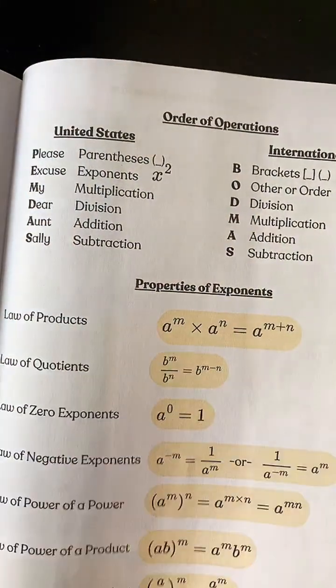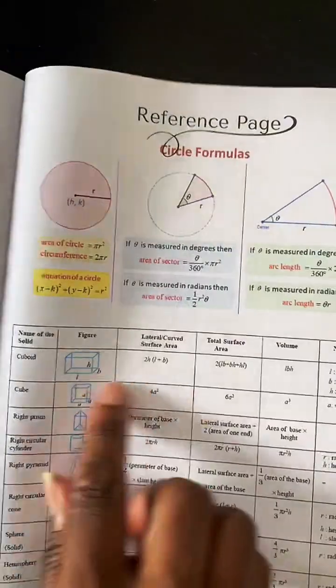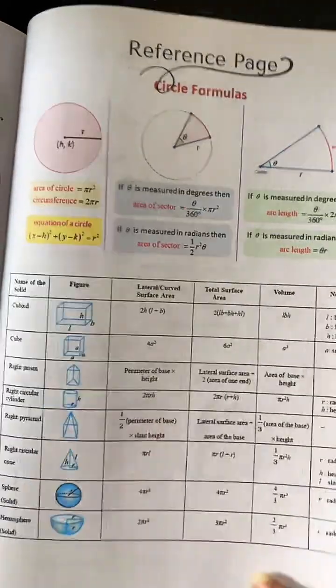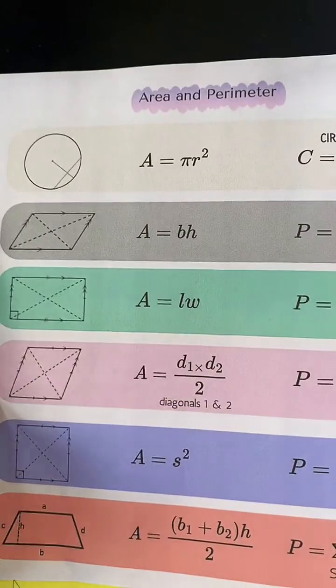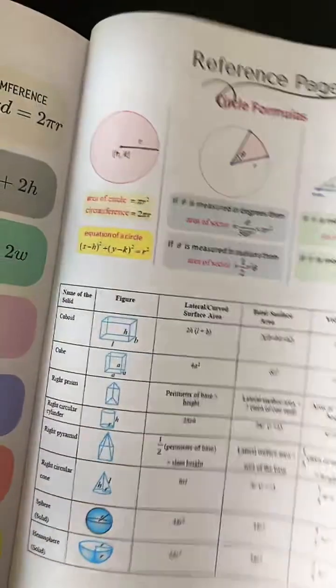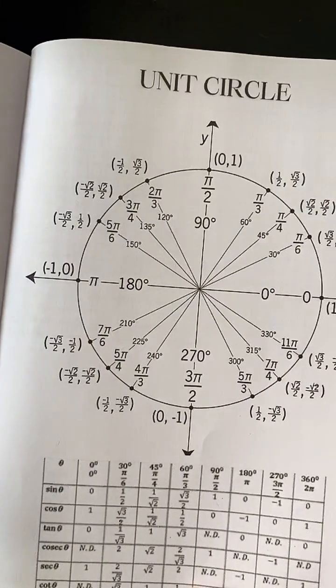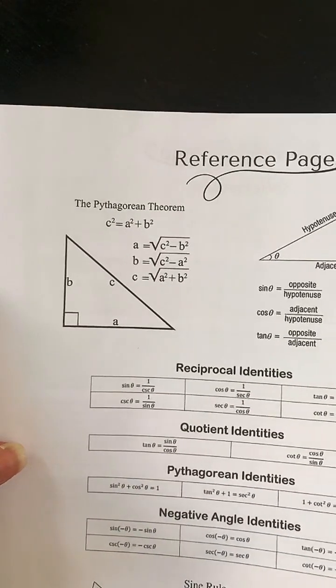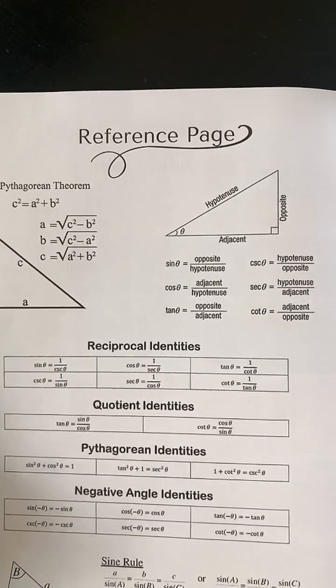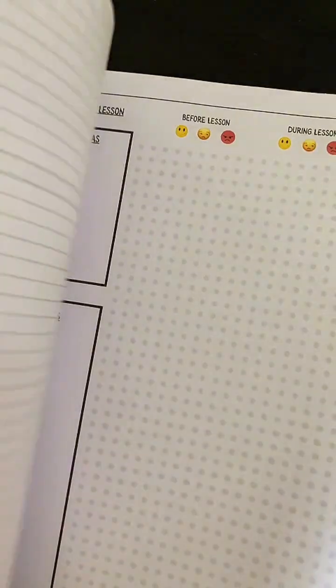Order of operations, properties of exponents. Then we have volume and surface area, as well as area and perimeter of different shapes. Then we also have the unit circle for your pre-calc people, as well as the Pythagorean theorem and SOHCAHTOA. All right, all that packed in.